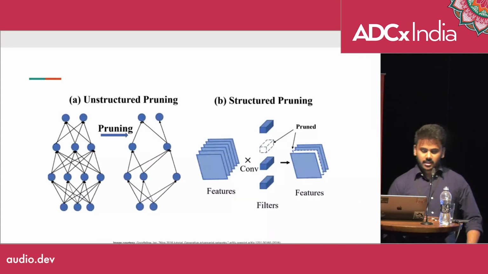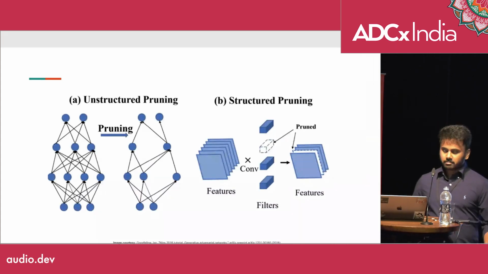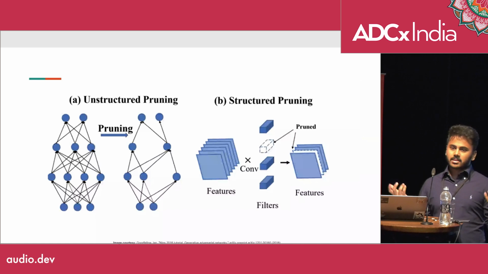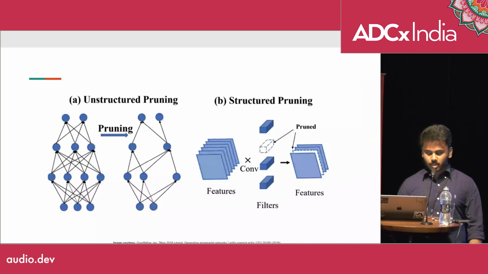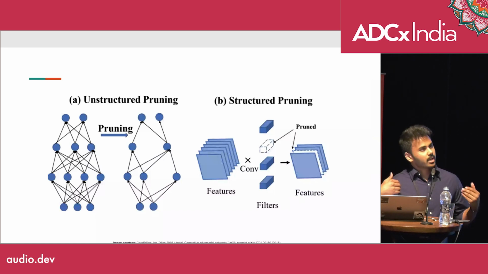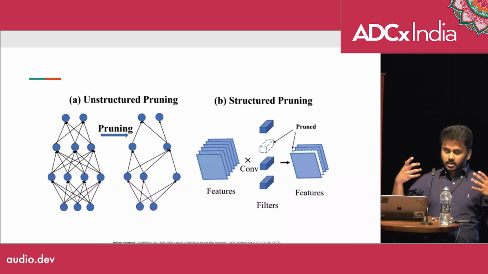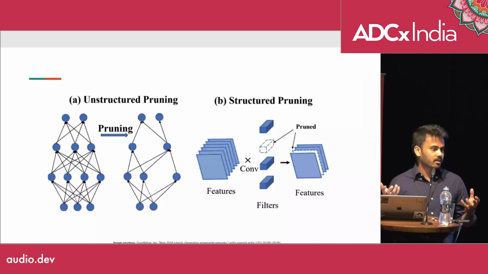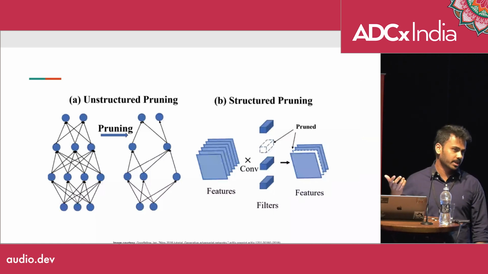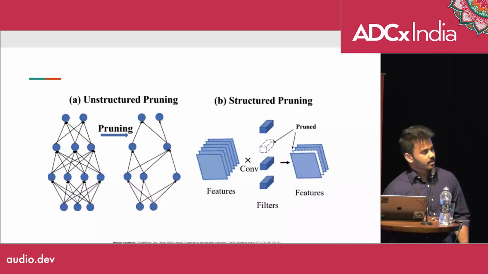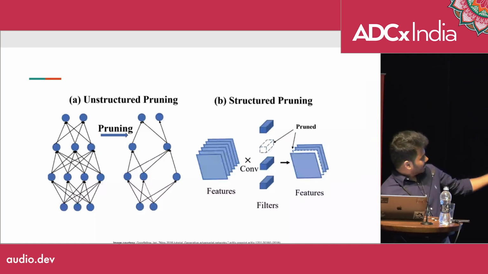As I said, in unstructured pruning, you simply see which weights are less significant and then you prune those. And in structured pruning, you see which kernels or filters are less significant and then you prune based on that. One key thing to note is that anytime you prune a filter, you're going to end up having fewer features.